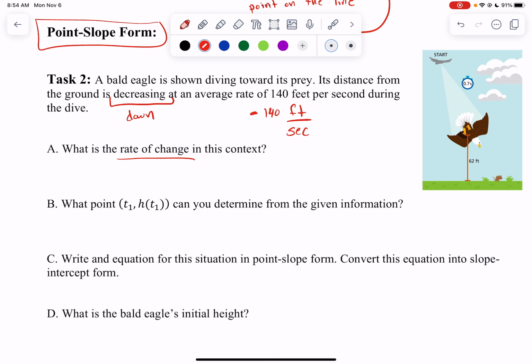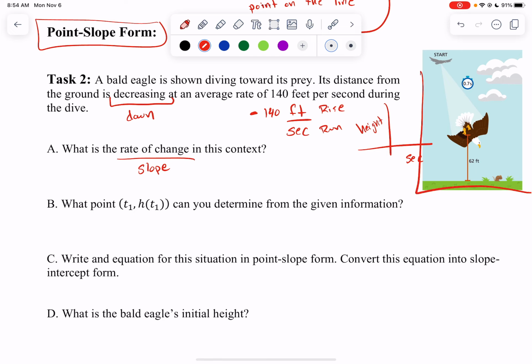The rate of change or slope is for every second. This is my rise, feet. This is my run, seconds. If I graph this, seconds would be here, height would be here in feet. My rate of change is negative 140 feet per second. That is my slope. That's my m, negative 140.